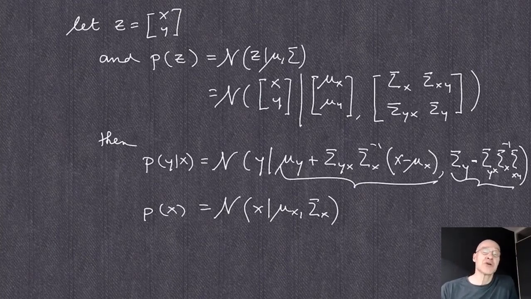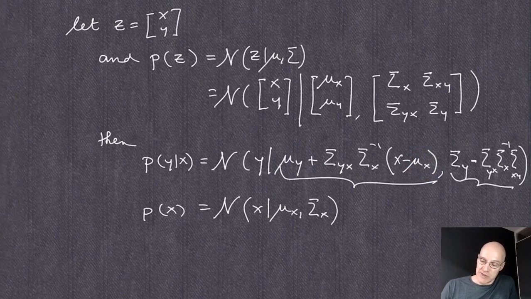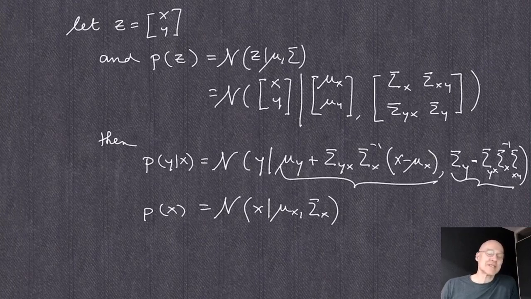So the predictor, if I haven't observed x yet, for y is mu y, and the predictor for x is mu x. So what this formula tells me is that the posterior for y given x consists of the prediction of y in absence of any measurement, plus a correction term after I make a measurement, which is the prediction error.